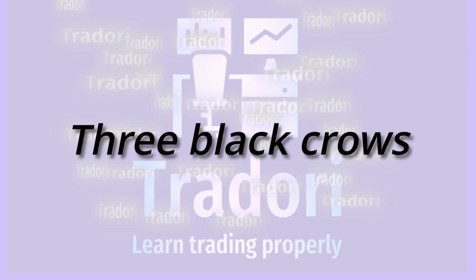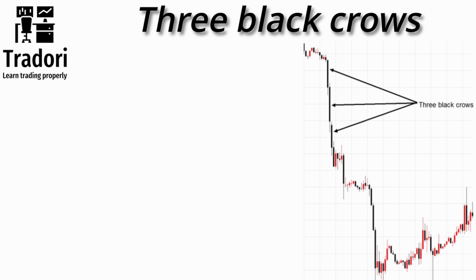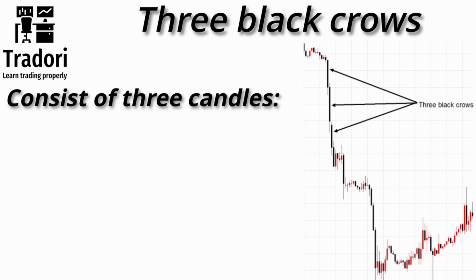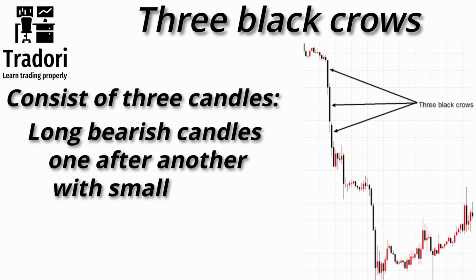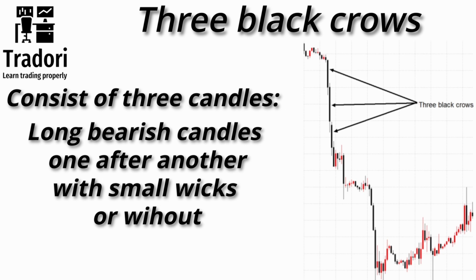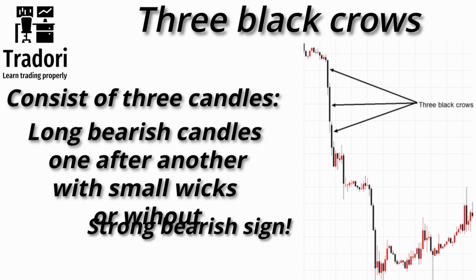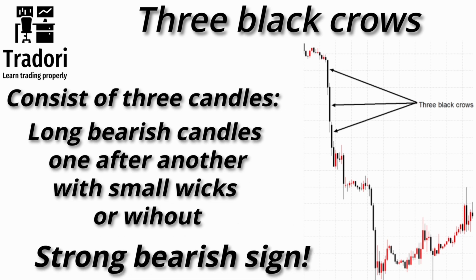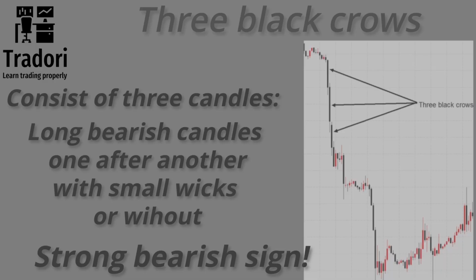Three black crows. The three black crows candlestick pattern comprises three consecutive long bearish candles with short or non-existing wicks. Each candle opens at a price similar to the previous candle's closing price without a gap, but selling pressure pushed the price lower and lower with each close.